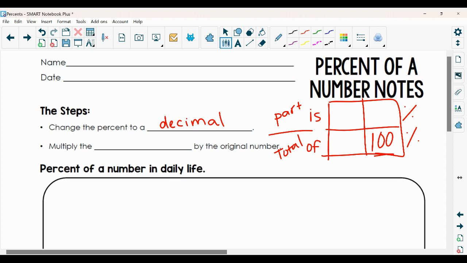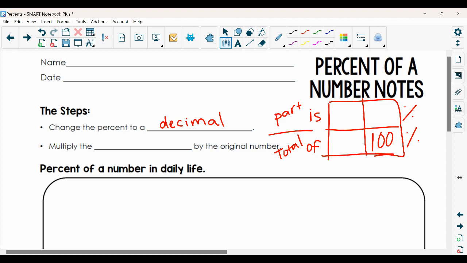I hit the green second button and the first parentheses. If you look at the first parentheses, you see a little percent sign above it? If you hit that, it should show 16% on your calculator. If you hit enter, it changes it to a decimal for you. So 16% as a decimal would be what? 0.16.